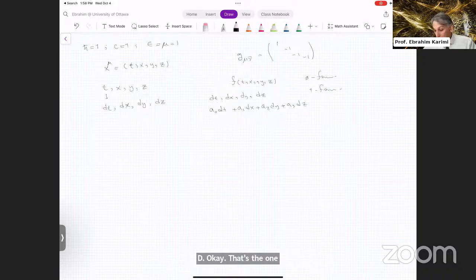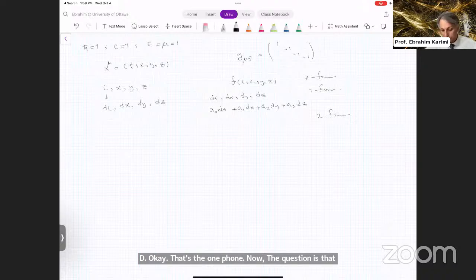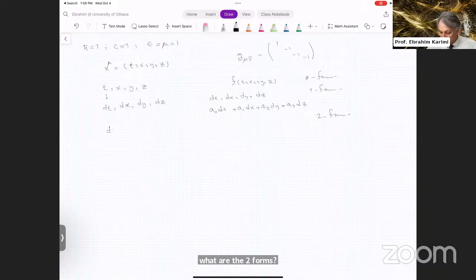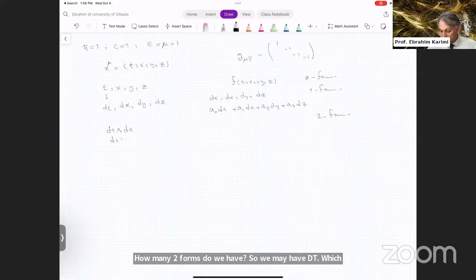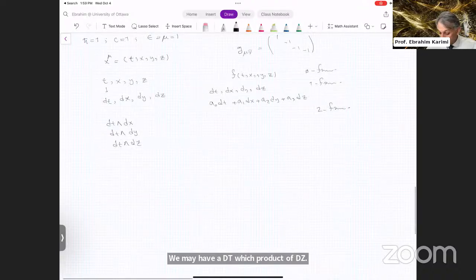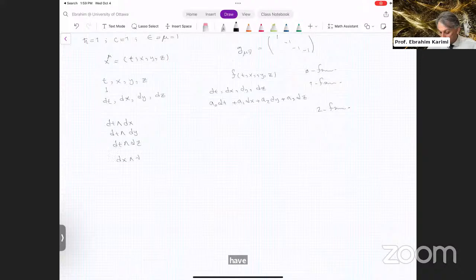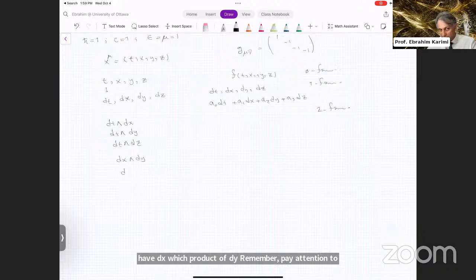Now the question is, what are the 2 forms? How many 2 forms do we have? We may have dt wedge dx, dt wedge dy, dt wedge dz, then also dx wedge dy. Remember, pay attention to the way that I am writing this.